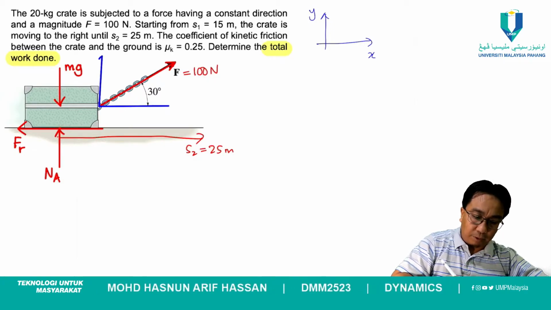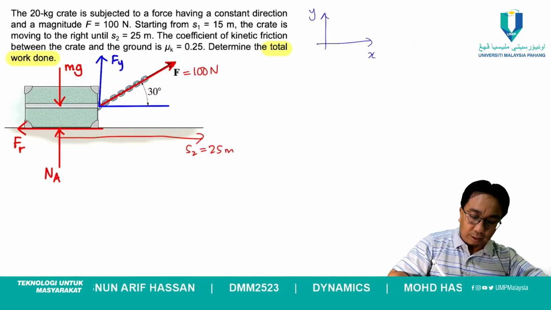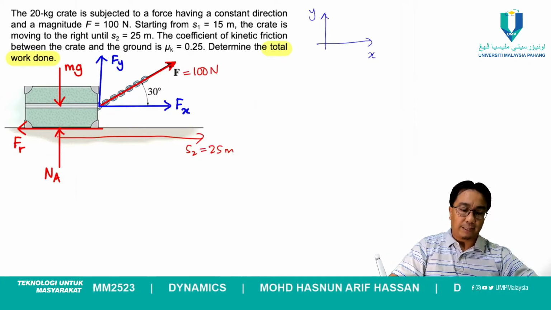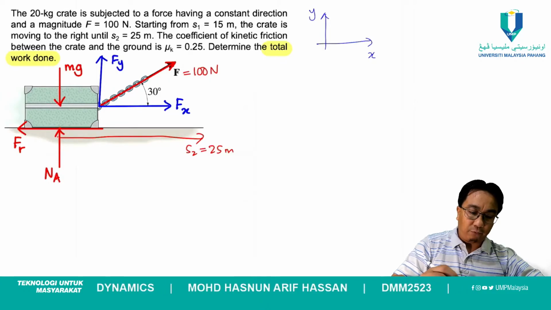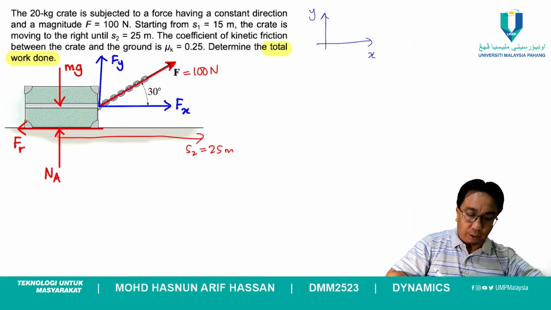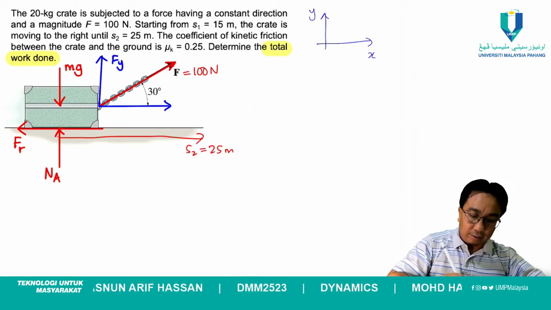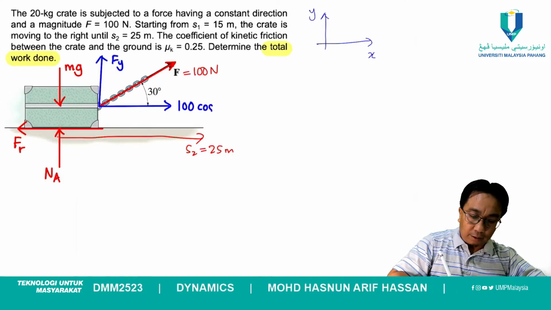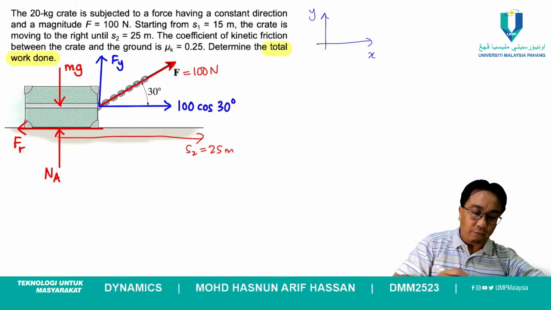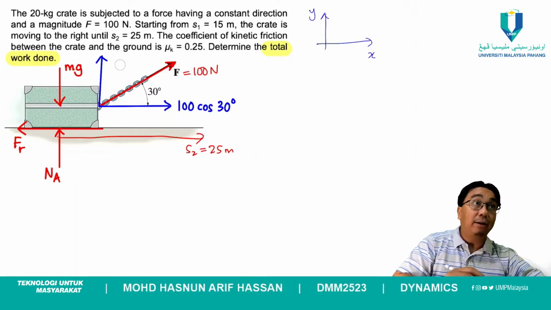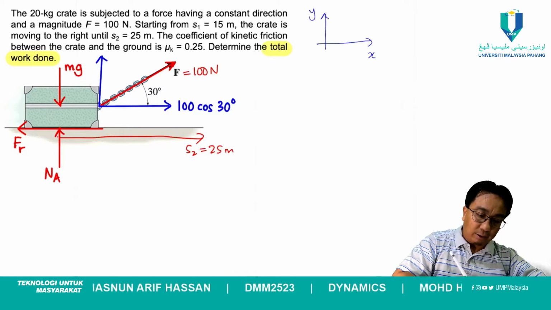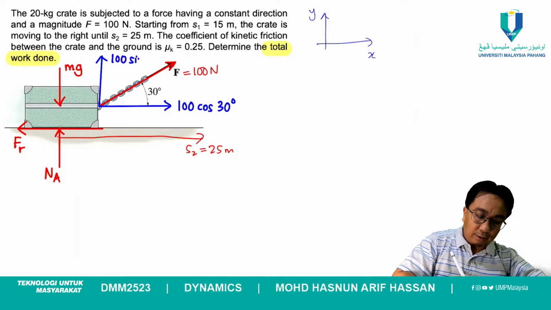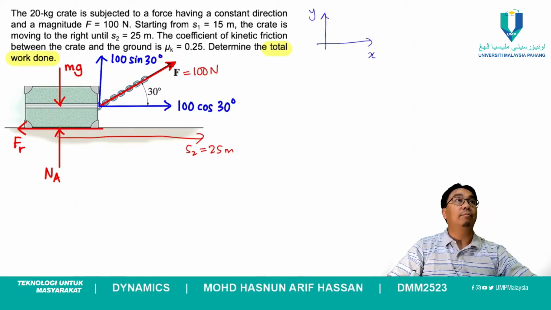So this will be Fy and this will be Fx. Fx we can straight away write as 100 cos 30 degrees, and Fy we can write as 100 sine 30 degrees.